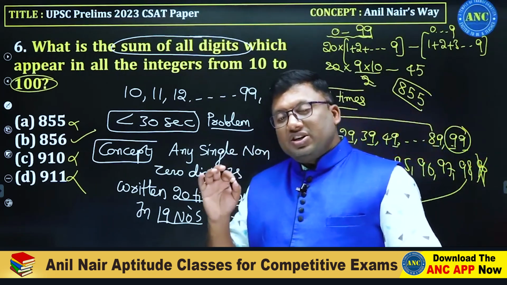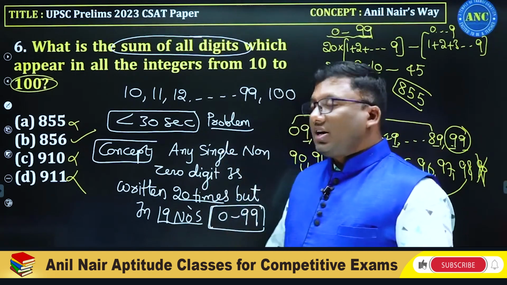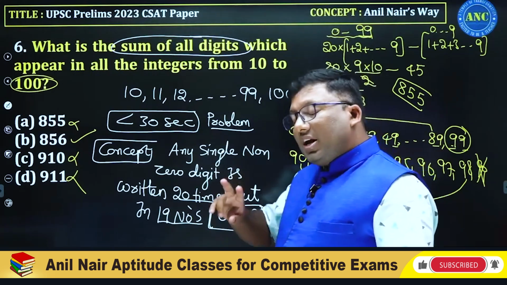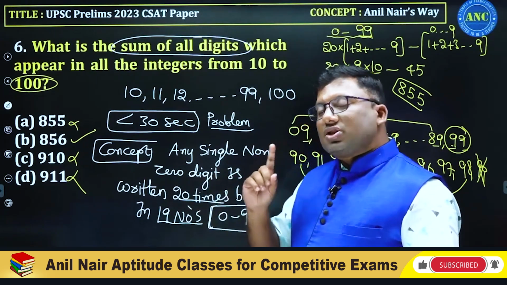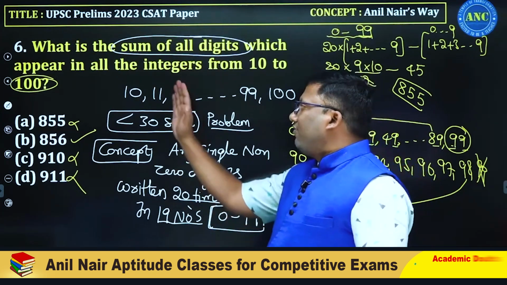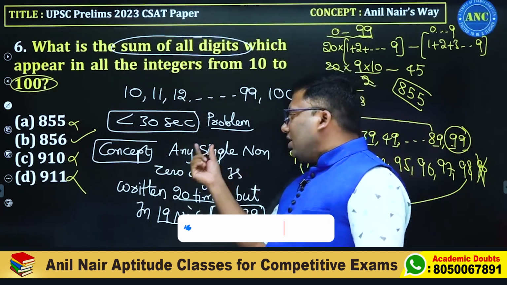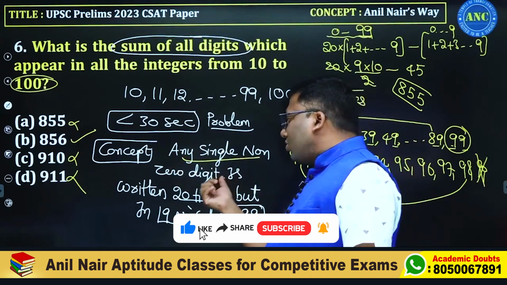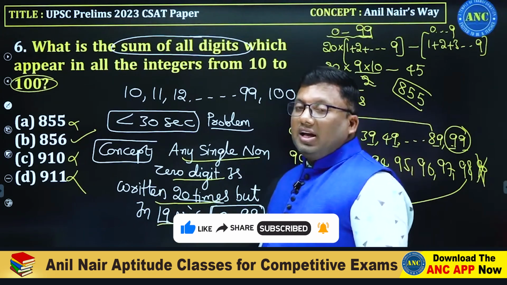Sum of the digits, how many times a digit comes, which position the digit comes, repetition allowed, repetition not allowed. All these are extremely important logics. From 10 to 100 we require. First logic is any single non-zero digit is written 20 times but in 19 numbers.